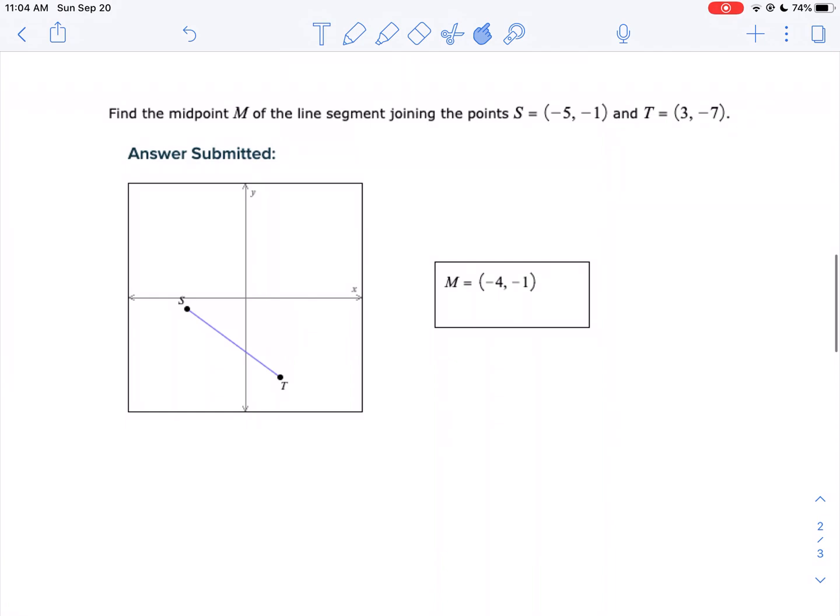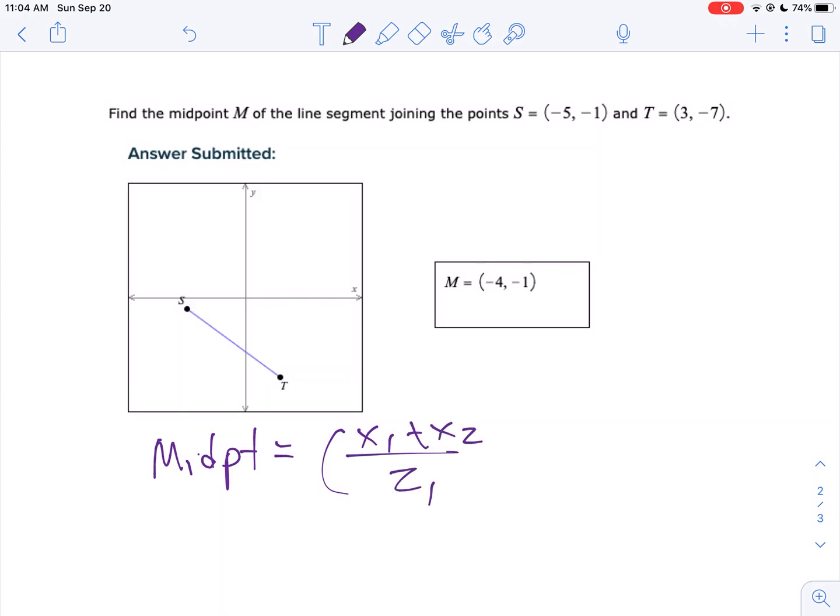Now, on the next one, to find the midpoint on a line segment, that's a slightly different formula off your formula sheet. We add up the x's and divide by 2. We add up the y's and divide by 2. The sub 1 and the sub 2 just means the first x and the second x.